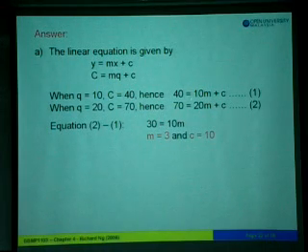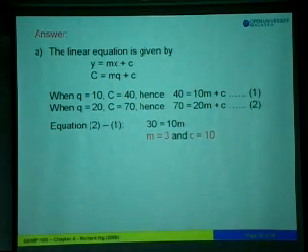We will get 40 equals 10m plus c. Let's say this is equation 1. Then we substitute Q equals 20, C equals 70 into this equation. We will get 70 equals 20m plus c. Let's say equation 2. So from here, we eliminate the c by taking equation 2 minus equation 1.